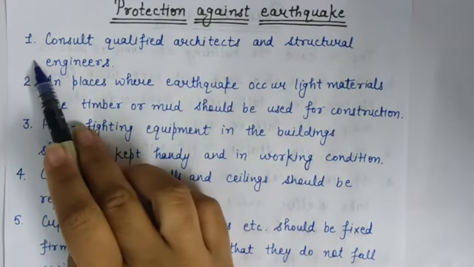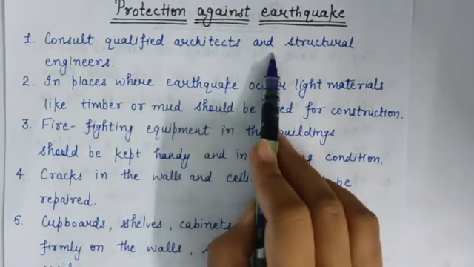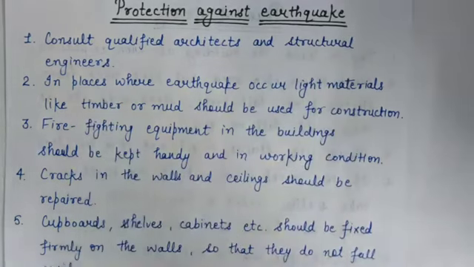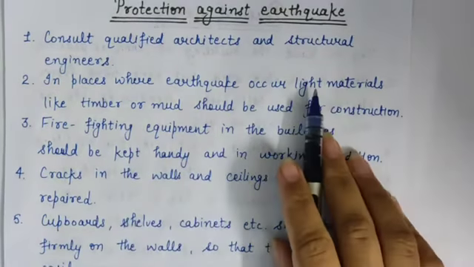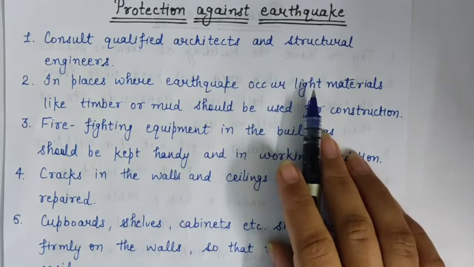So first is to consult qualified architects and structural engineers. It means that while constructing buildings and houses, architects and civil engineers should keep in mind how to minimize the effect of an earthquake on the structure.